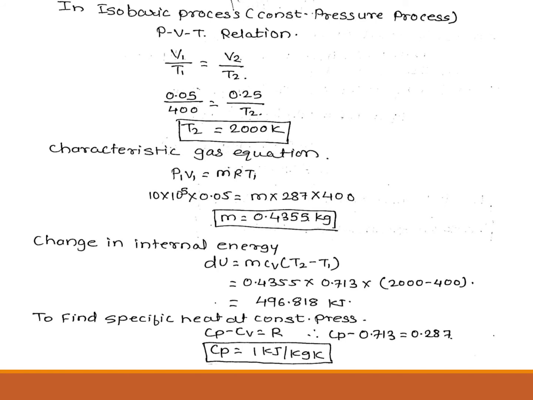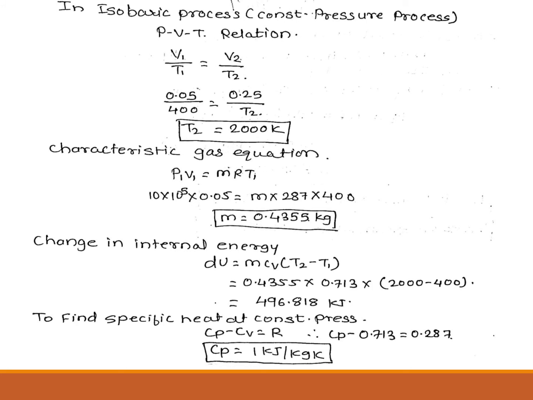The value of mass is put in the change in internal energy. After that we get the change in internal energy is equal to 496.818 kilojoule.